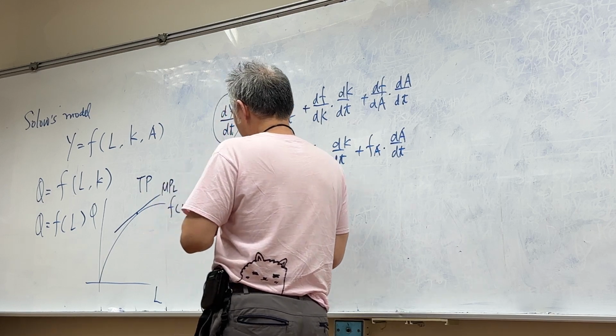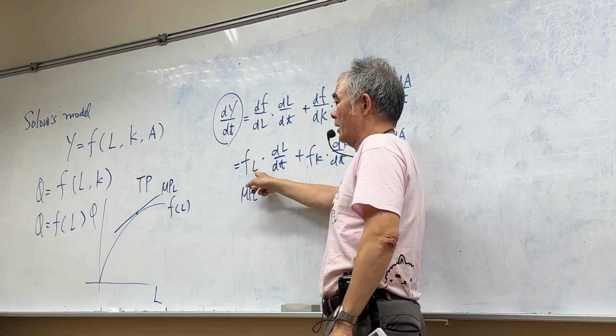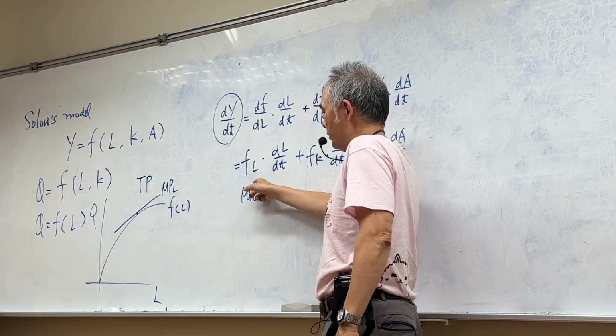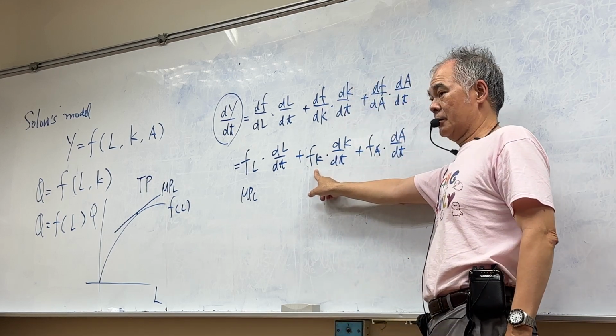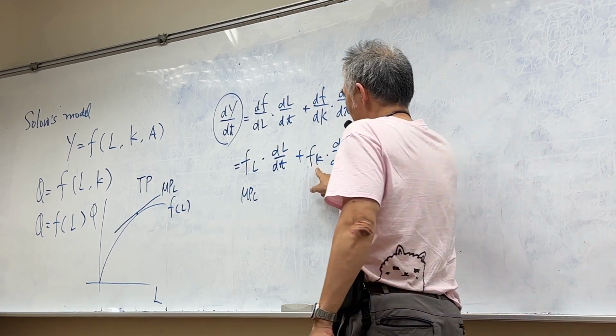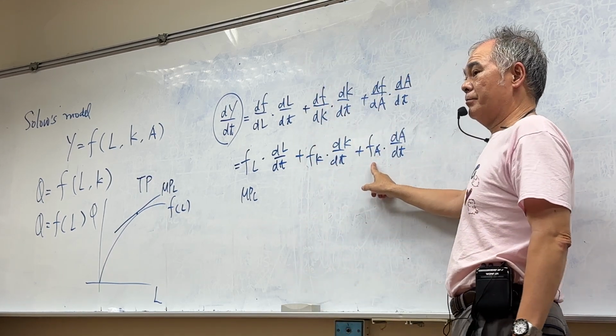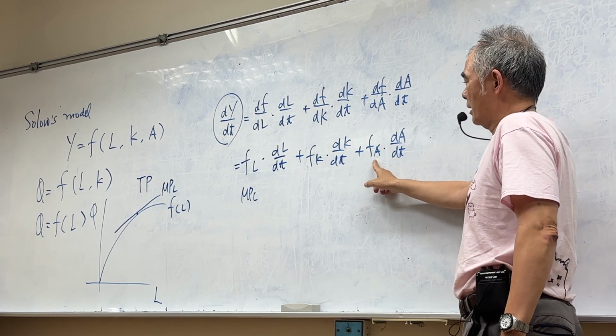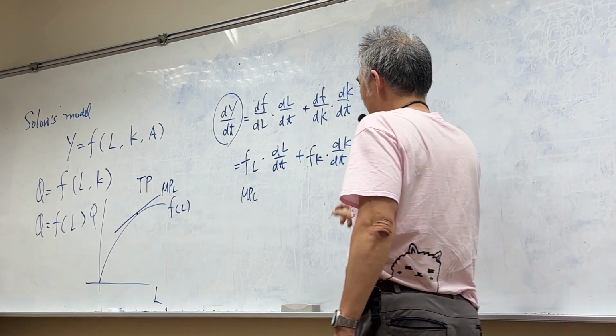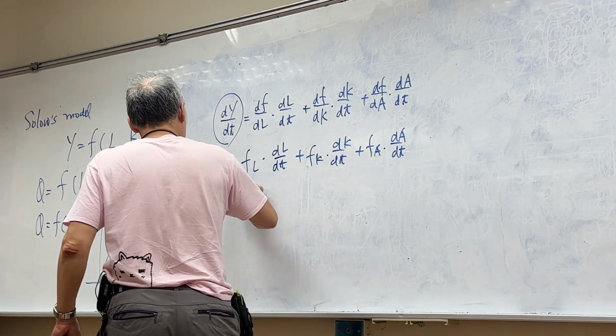So basically this is MPL, the marginal product of labor. This is MPK, marginal product of capital, and this is MPA, marginal product of technical factors.